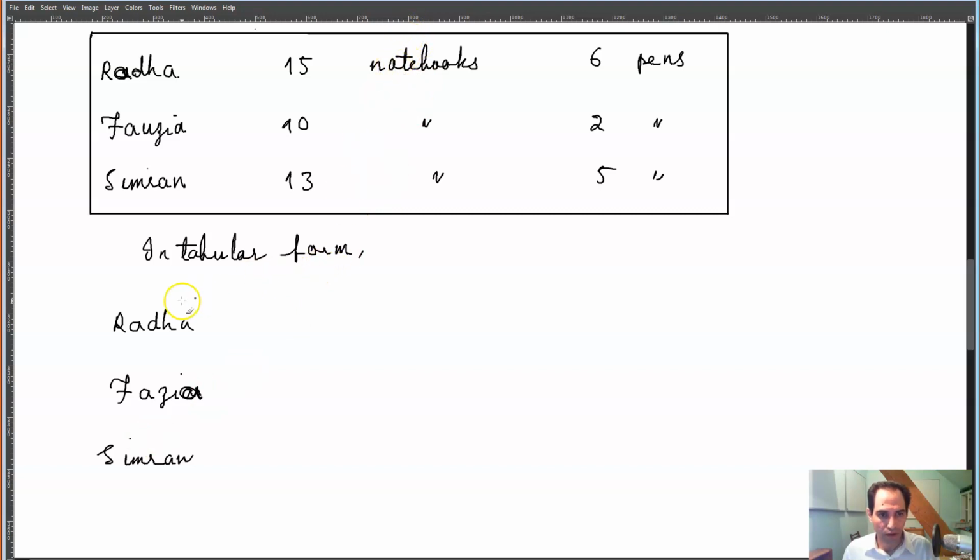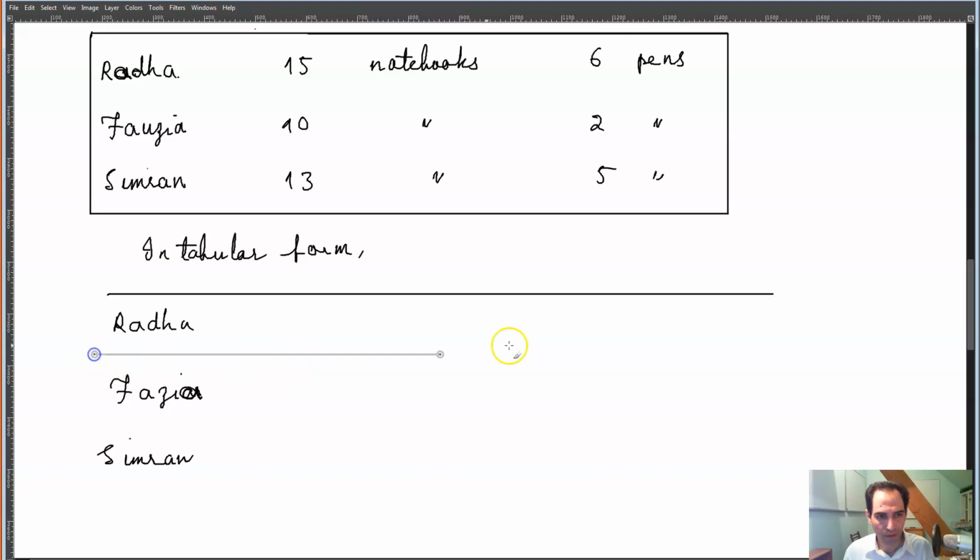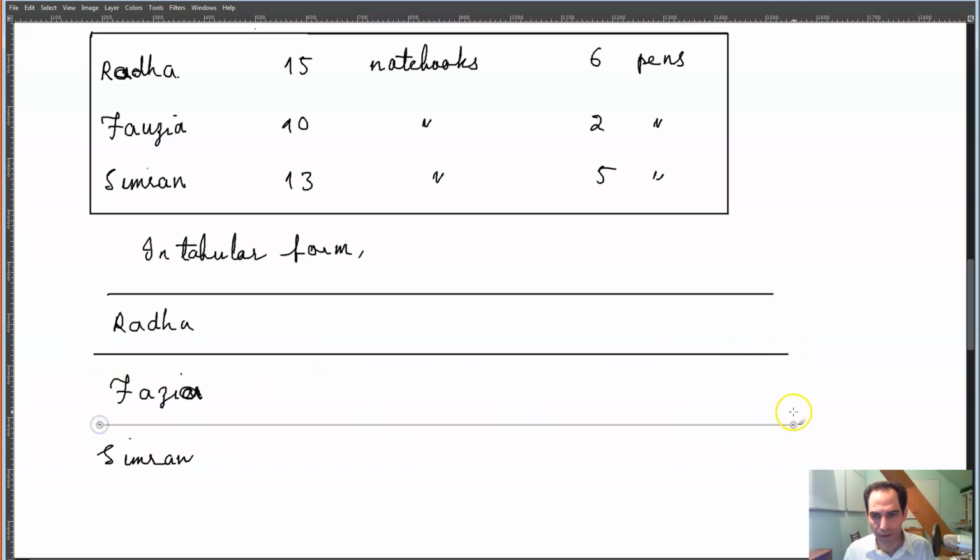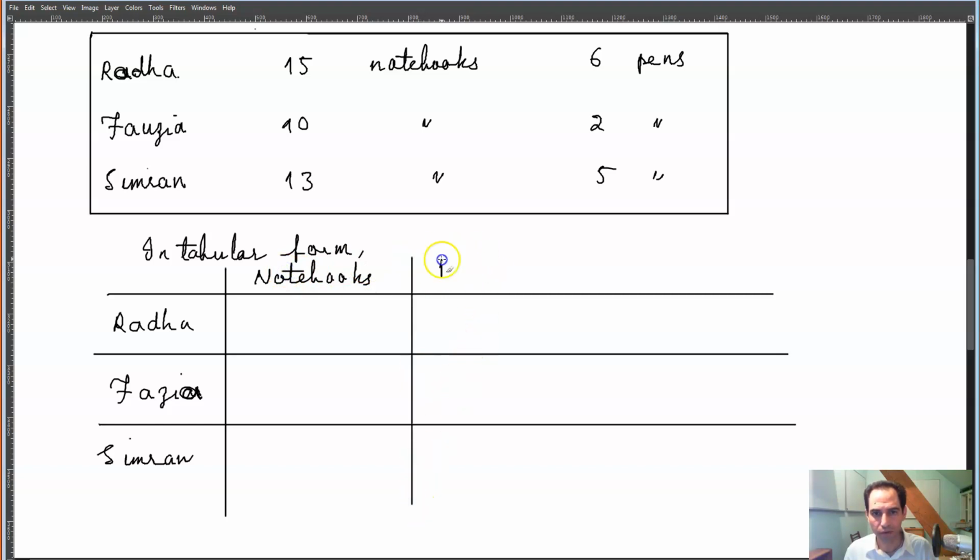And then over here on the top, you could have a table like this and write notebooks over here, and pens over here.